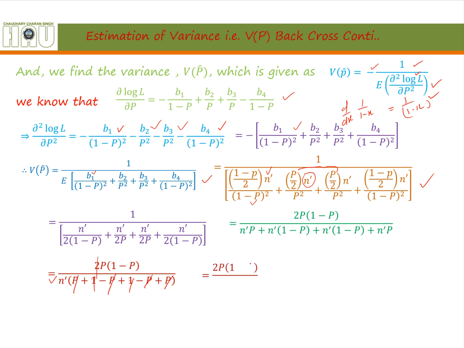So ultimately I will get this. So this cancels out and our variance of P is P times 1 minus P divided by N, which is the estimate of the variance of P. So thank you very much. We will discuss the other case in the next class.